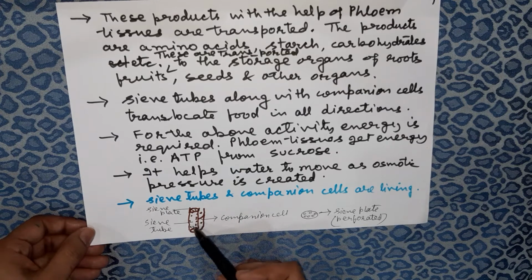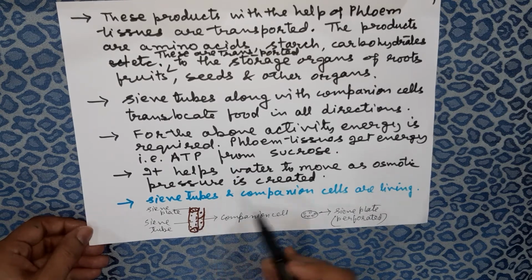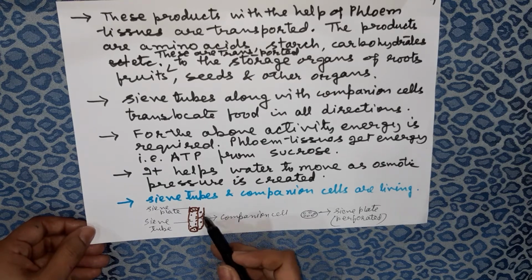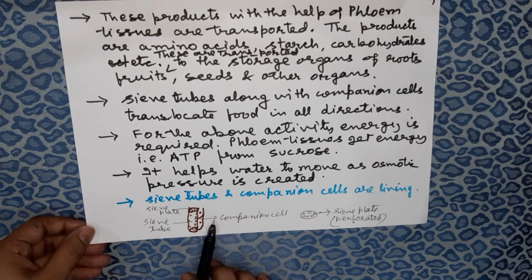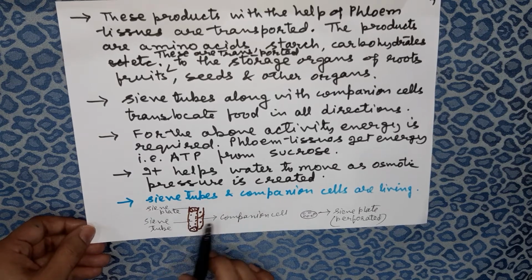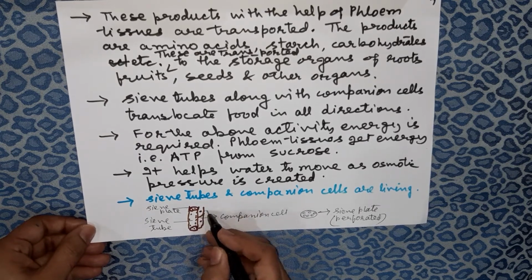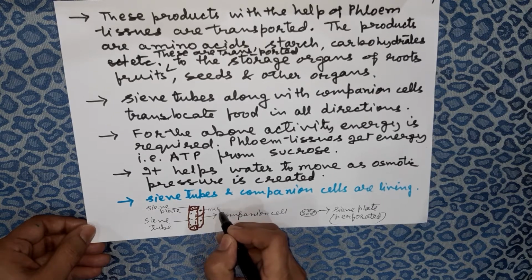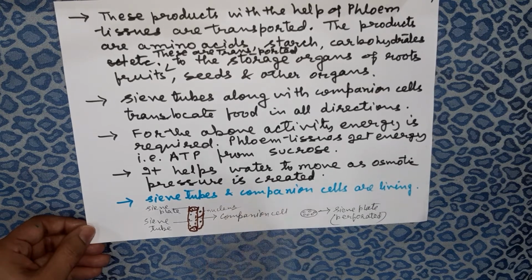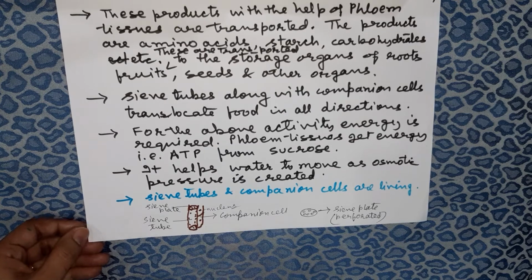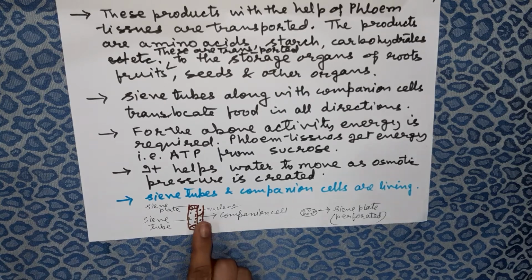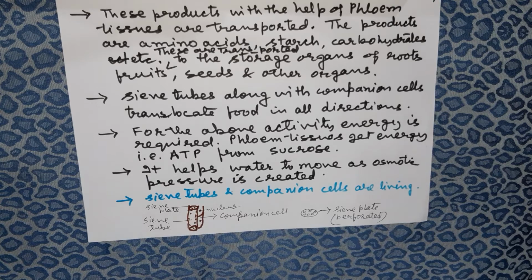Now since in this the cytoplasm is not there, it is hollow, therefore companion cells are there, though both are living. A companion cell is supporting the sieve tube. It has a nucleus. This is the nucleus. And it has cytoplasm also. So it is fully supporting the sieve tube.